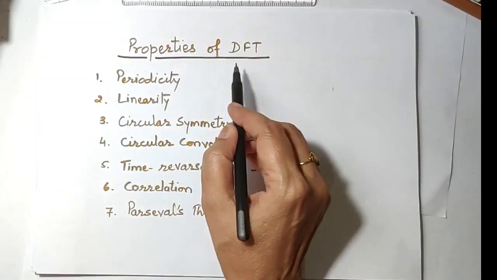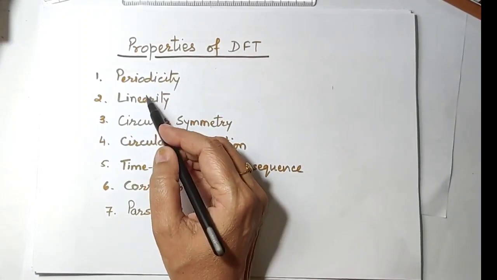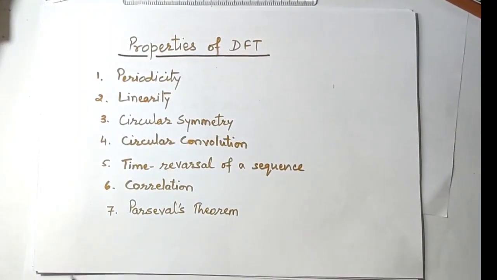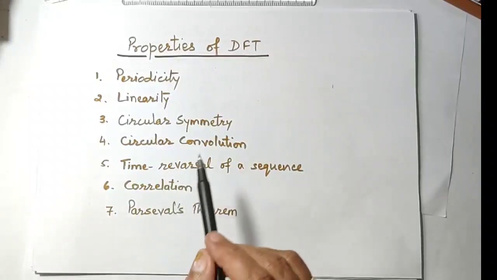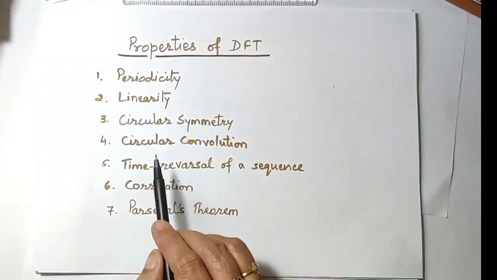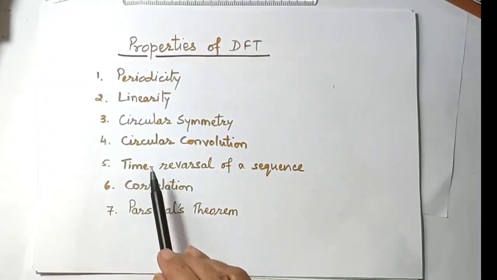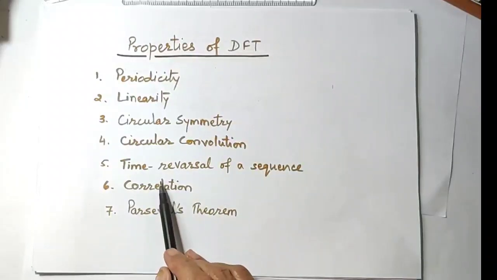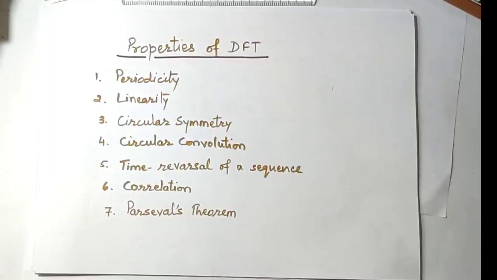We have a number of properties, like we have already seen in LTI systems, in Z transform, Laplace transform, any kind of transform. The properties are very similar. Here in the DFT we have periodicity, linearity, circular symmetry, circular convolution, time reversal of a sequence, correlation property, and Parseval's theorem.